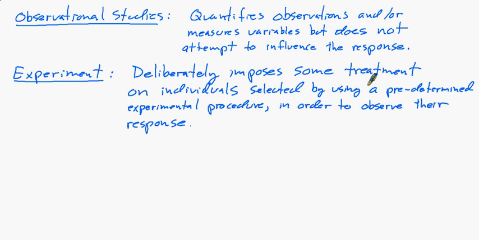Treatment is a very general term used for whatever is done to the individuals, selected by using a predetermined experimental procedure, which we talked about earlier should probably have some form of randomization in it, in order to observe their response. So the real difference between an observational study and an experiment is this deliberately imposed treatment on some individuals.